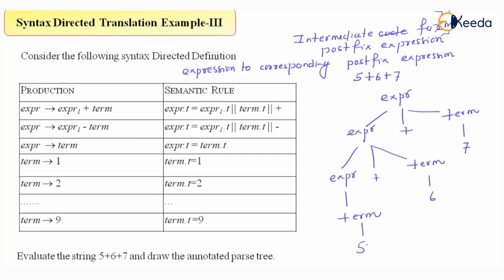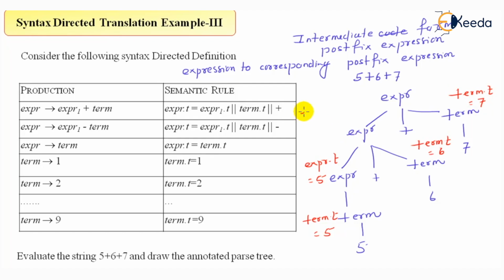Since we have already discussed this example, I can move swiftly: term.t will be equal to 5, expr.t will be equal to 5, here term.t will be equal to 6, and here term.t will be equal to 7.